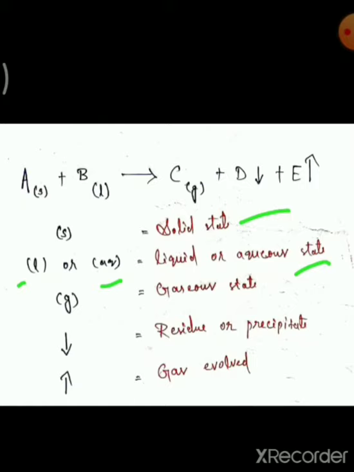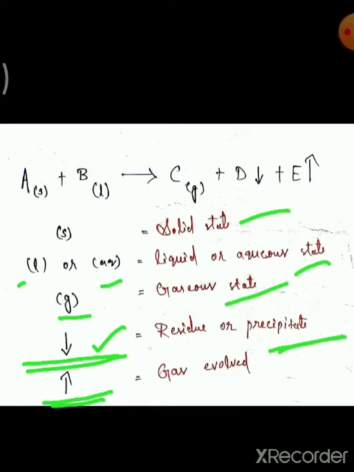Okay, if G is written, it is in gaseous state. Then the arrow mark pointing downward represents that a residue or precipitate is there. So this arrow mark shows that the residue or precipitate is there. Then the last one, the arrow mark pointing upward, shows that a gas is evolved or released.